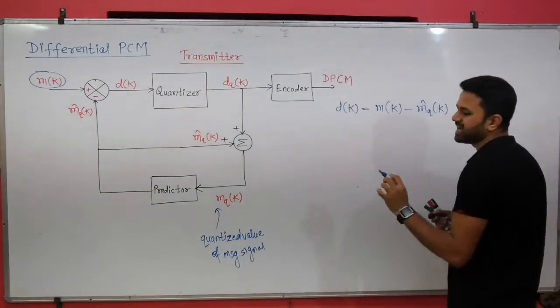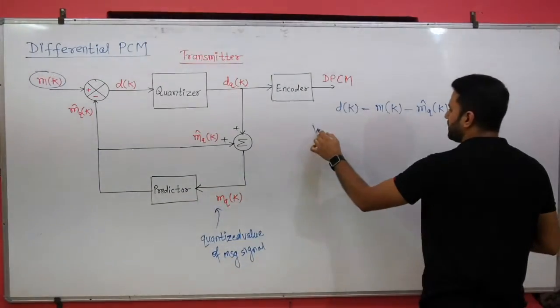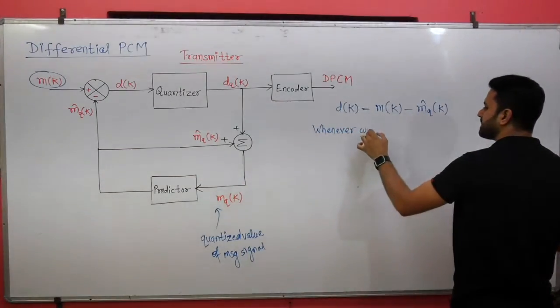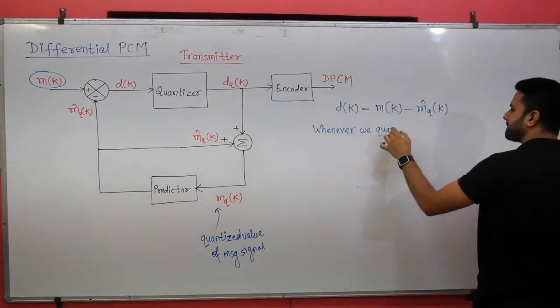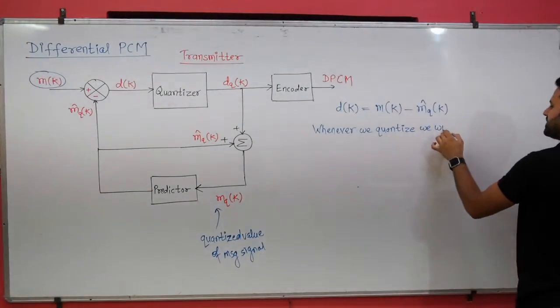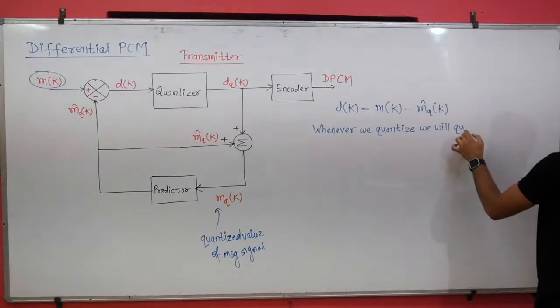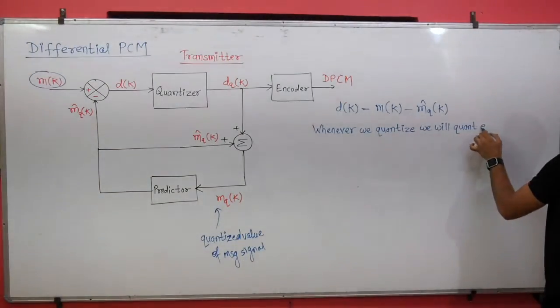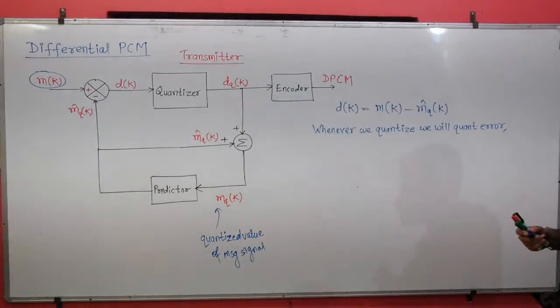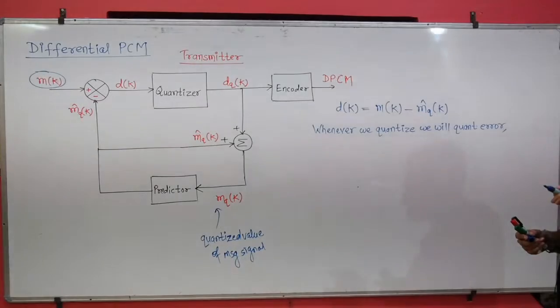Now whenever we quantize the signal, we get quantization error, because quantization means approximation. Whenever you quantize any signal, you will definitely get some error.